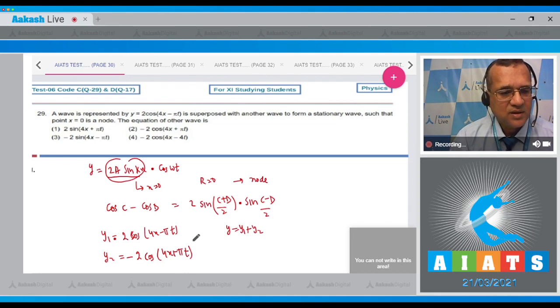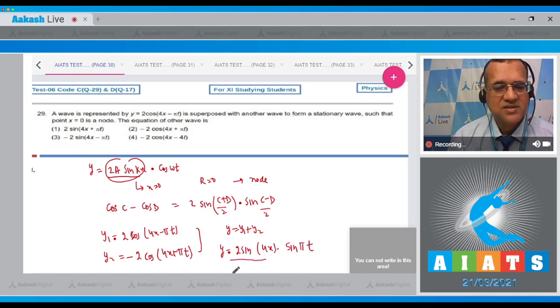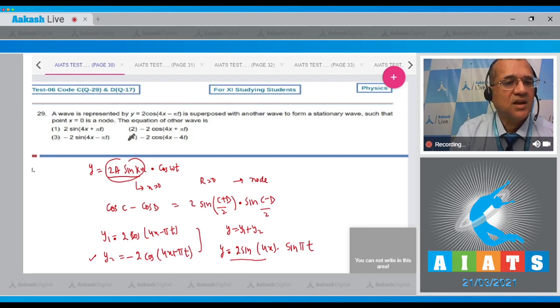Then you get the resultant y equal to 2 sine of 4x and sine of pi t. That satisfies the condition that x equal to 0 is a node. So your second equation should be minus 2 cos of 4x plus pi t. And the correct option is 2.